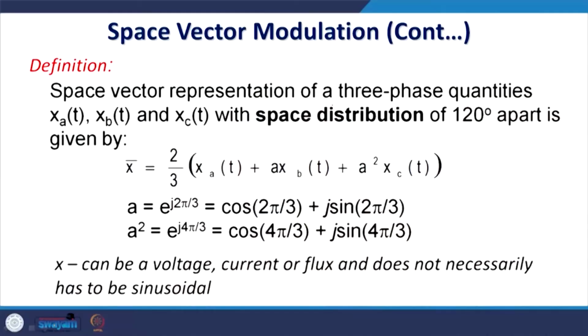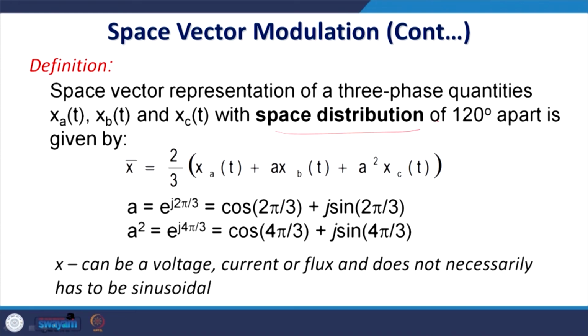Generally, we have discussed for the grid connected inverter, a voltage source converter, the space vector representation of the 3 phase quantities XA, XB, XC, with a space distribution of 120 degrees.